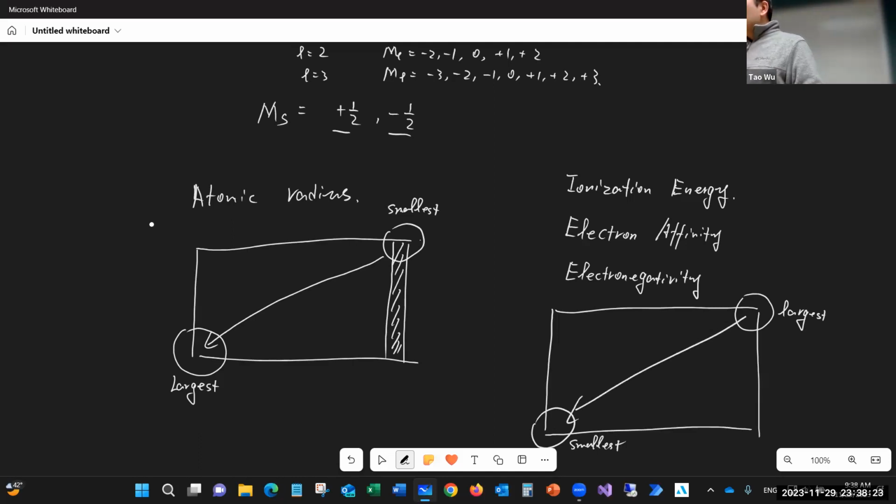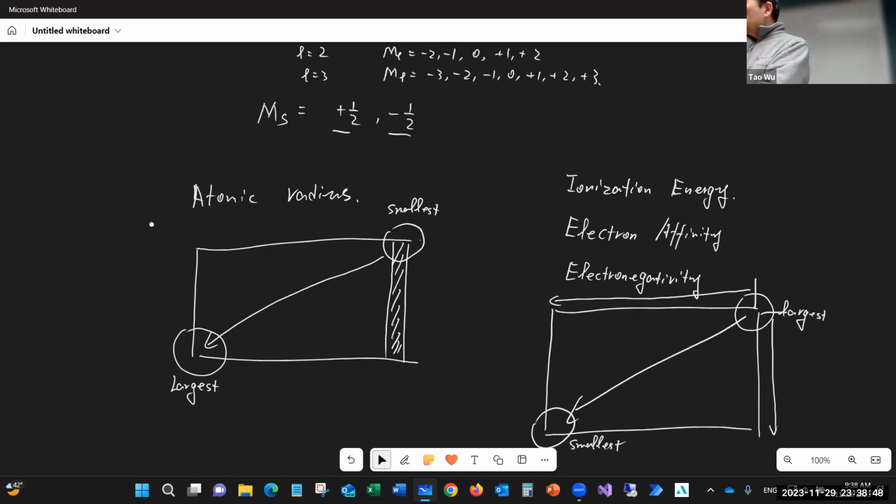But in general, a lot of people get confused about where we got these trends. This trend is actually a combination of two trends: the vertical trend and the horizontal trend. The vertical trend, top to bottom, is getting smaller, and from right to left is also getting smaller, right?